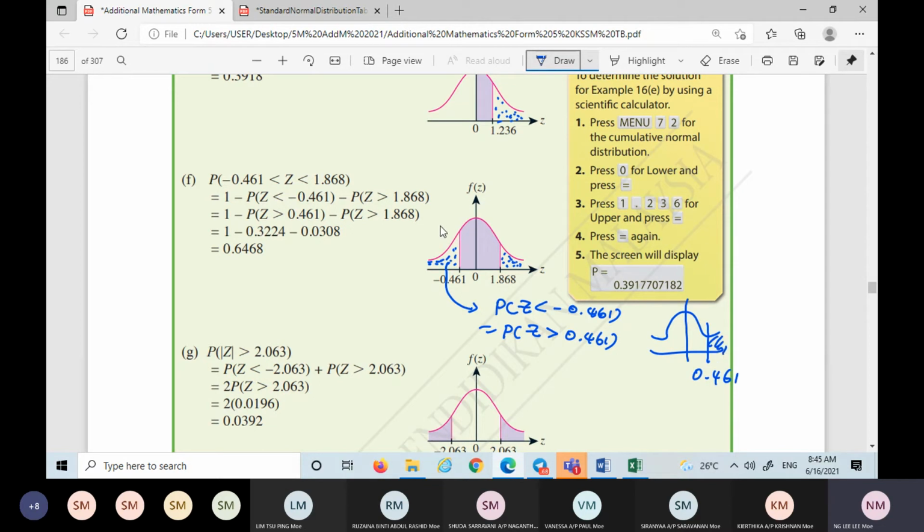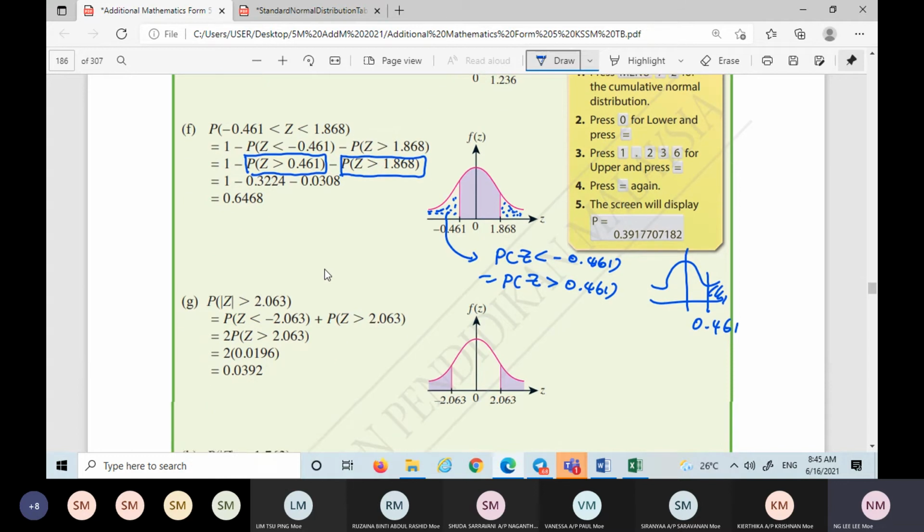So you just use 1 minus this and this. These two you can read from the table. Then you get the answer.